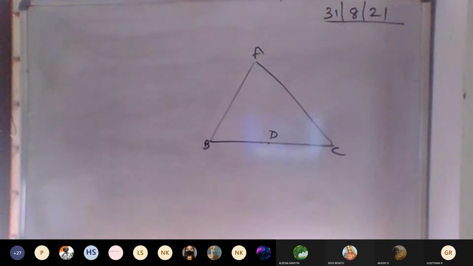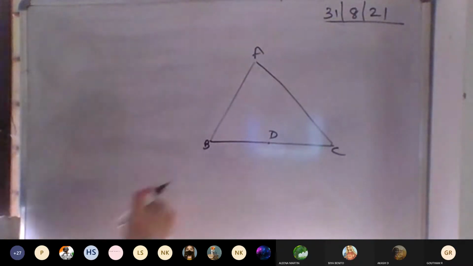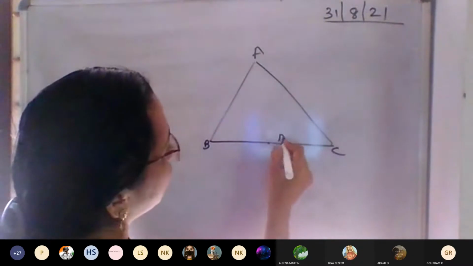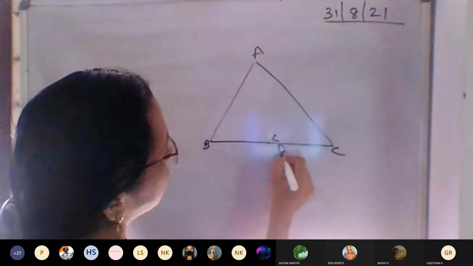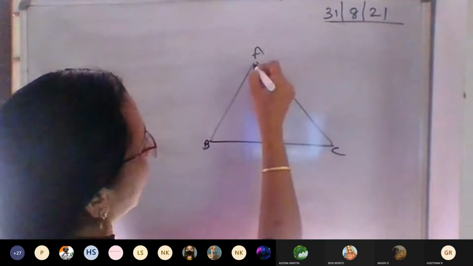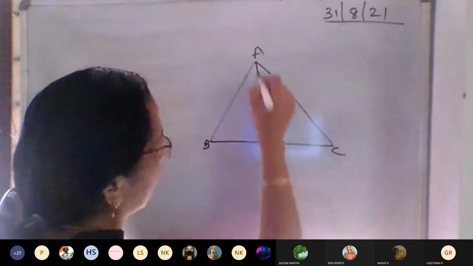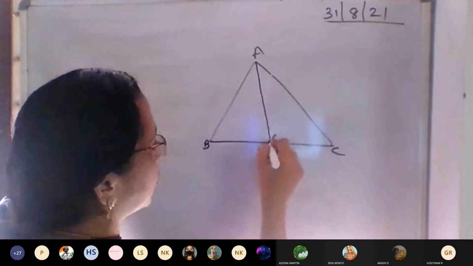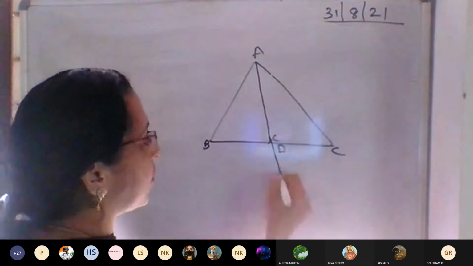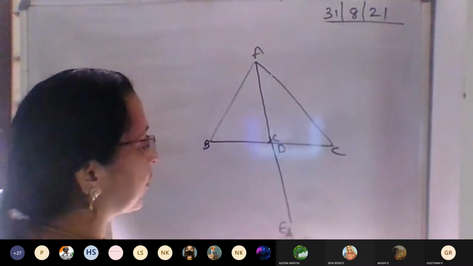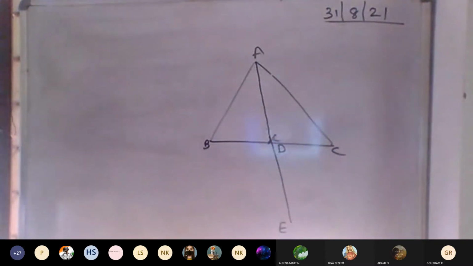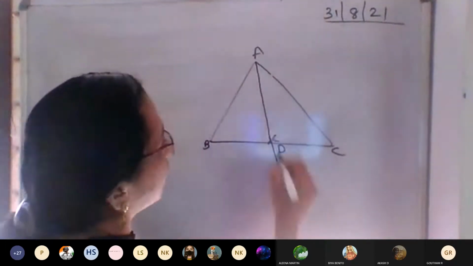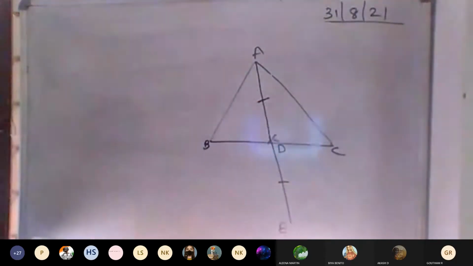AD is produced up to E. What does that mean? We have to draw a line, extend that line up to E. AD is produced up to E so that DE is equal to AD, so DE is equal to AD is given.